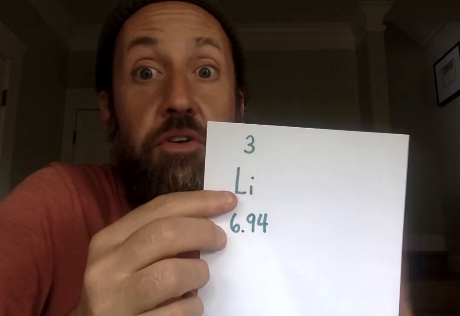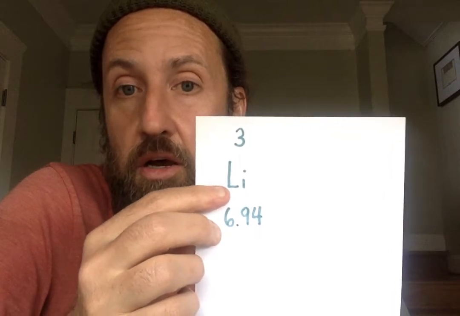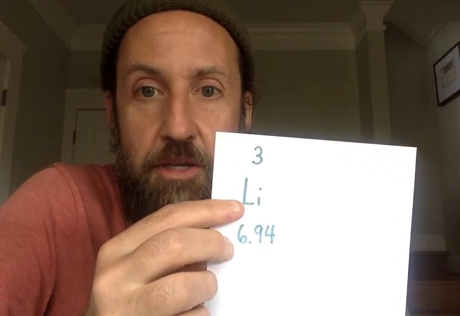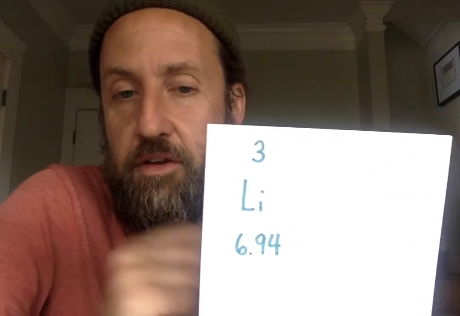Most of them match, a few of them don't. My favorite being tungsten. Its symbol is W, which is for wolfram. It's one of its original names before they decided on tungsten. But again, neither here nor there, we're here to talk about lithium.